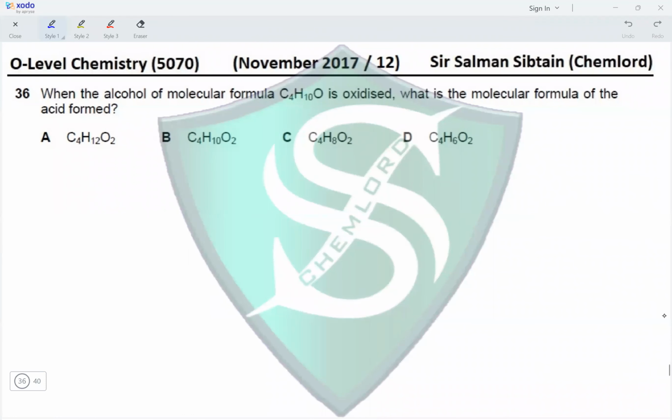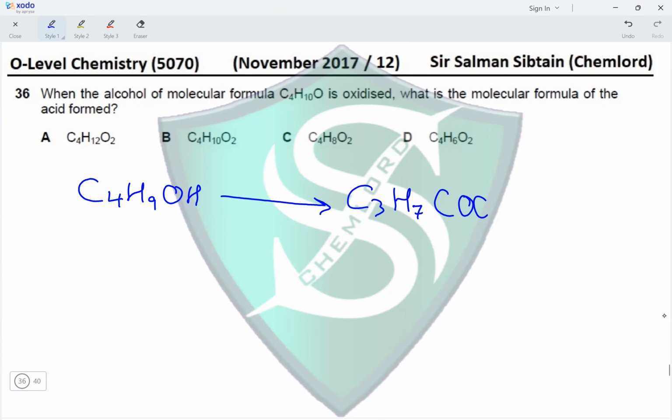Question 36. When the alcohol of molecular formula C4H10O is oxidized, what is the molecular formula of the acid formed? So C4H9OH when oxidized will produce C3H7COOH.